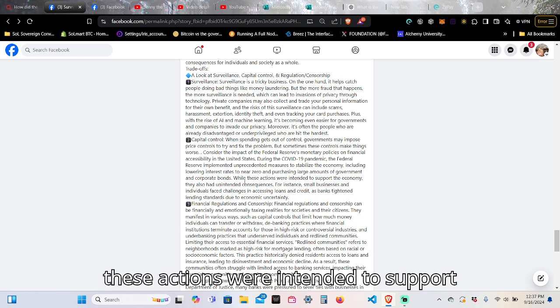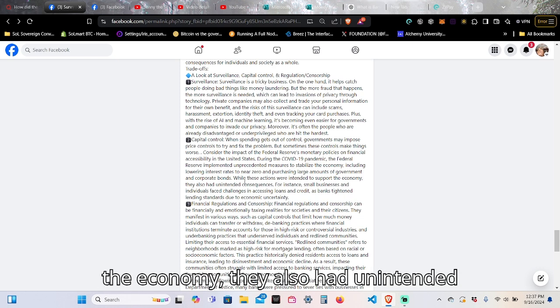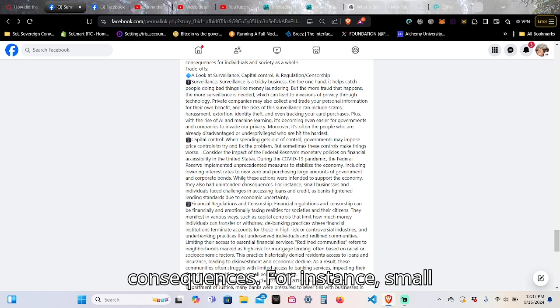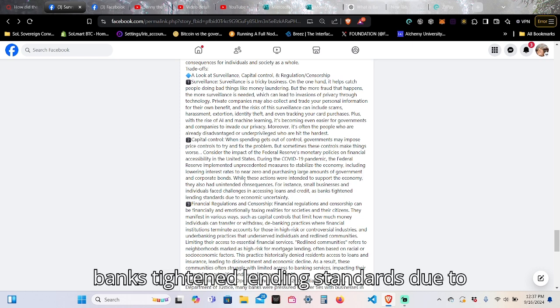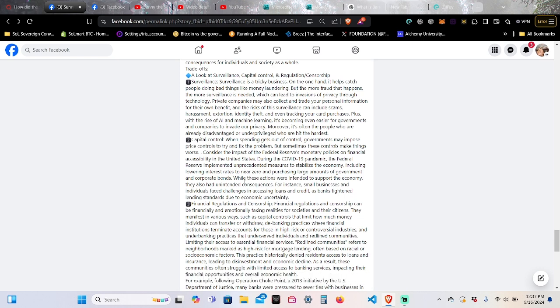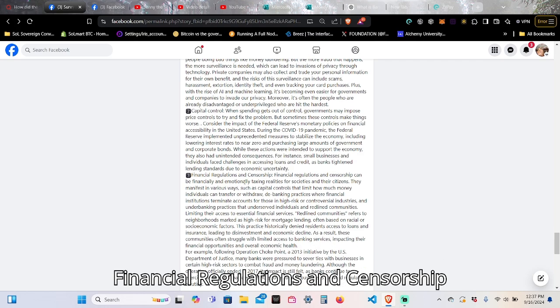While these actions were intended to support the economy, they also had unintended consequences. For instance, small businesses and individuals faced challenges in accessing loans and credit, as banks tightened lending standards due to economic uncertainty. Financial regulations and censorship.